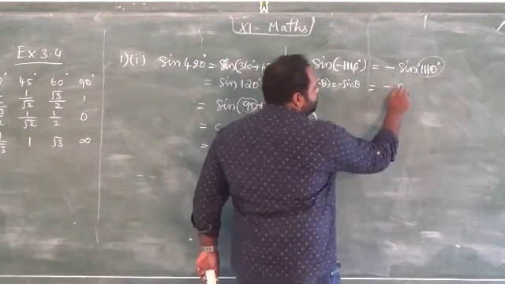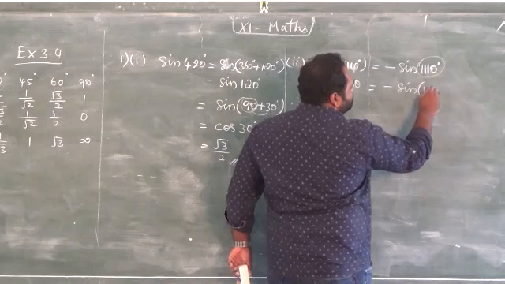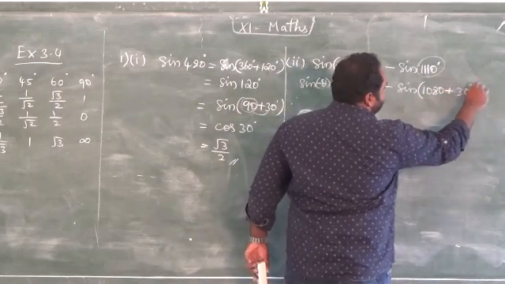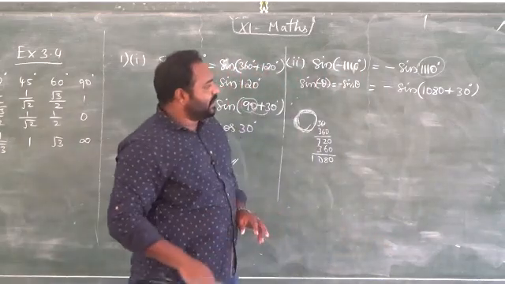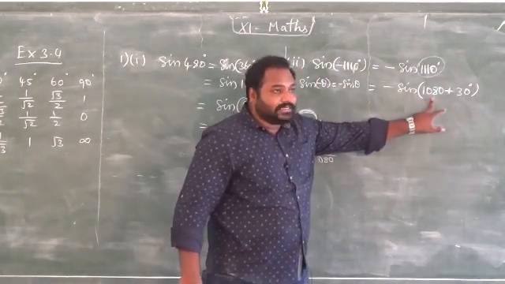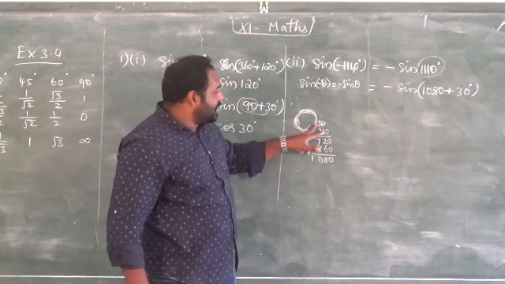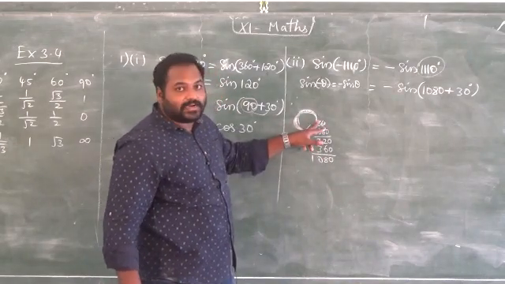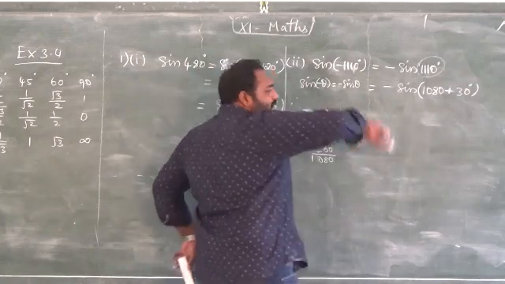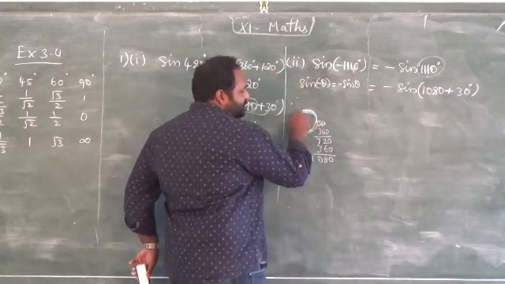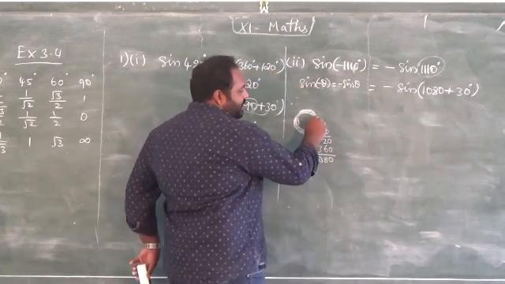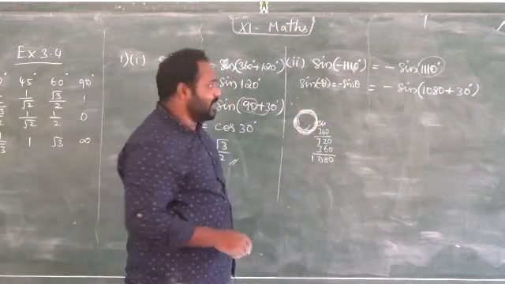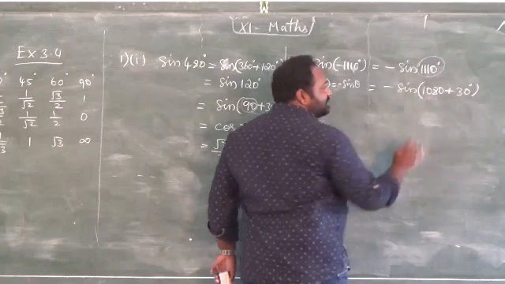So it can be split as 1080 plus 30 degree. 1080 also occurs at the 0 degree angle, because three rotations of the circle bring you back.